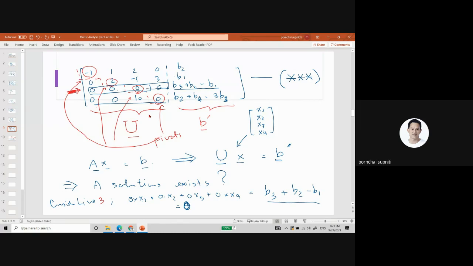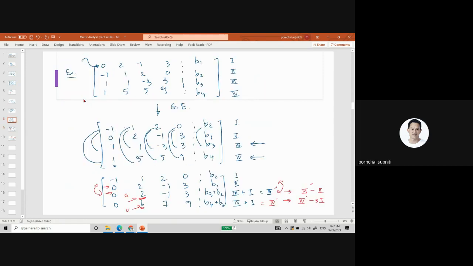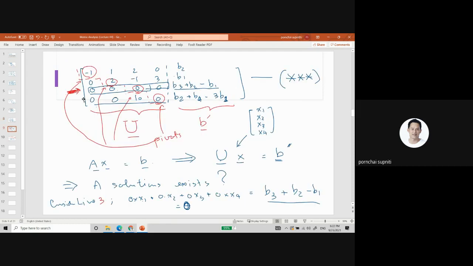If we go to the previous page, we will notice that, actually, what I can do is this. Let me go back a bit quicker. b3 plus b2. I see. Okay. I can also look at this.